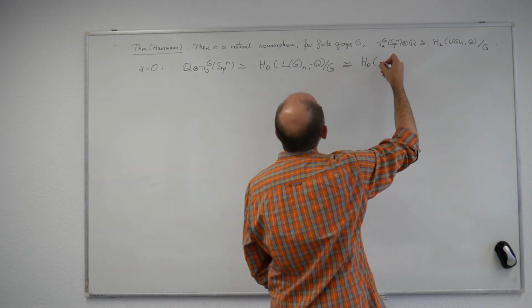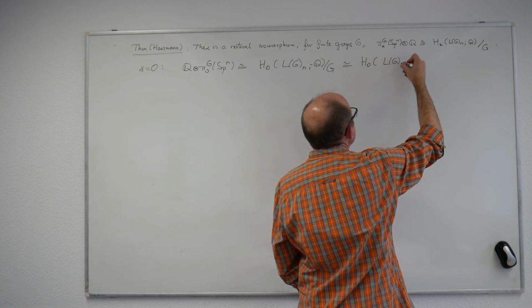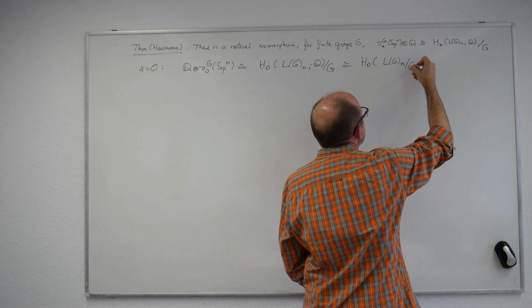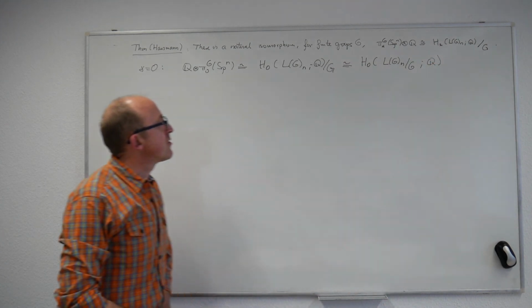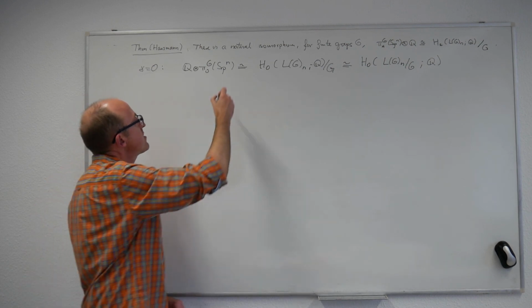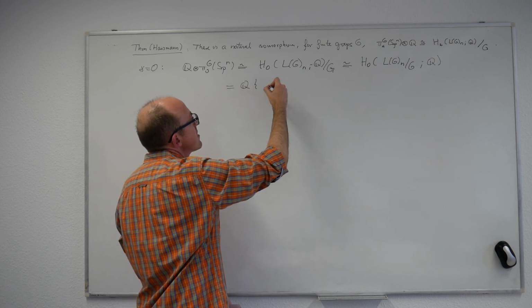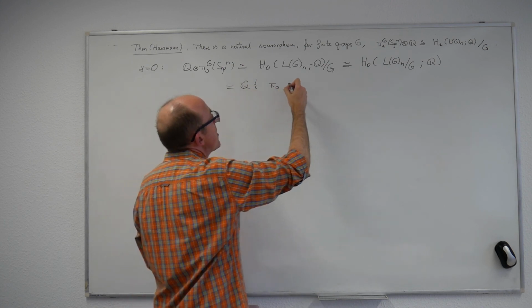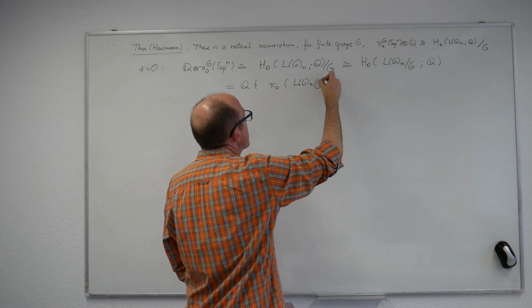So this is the same as the 0th homology of this G space, nth filtration of LG, divided out by the G action, and then with rational coefficients. Of course, the 0th homology with rational coefficients of some space is a free Q vector space on the path components of the space, on pi 0 of L of G modulo G.